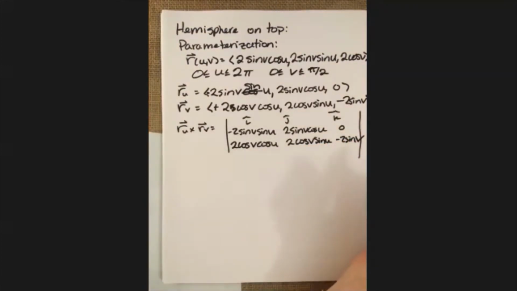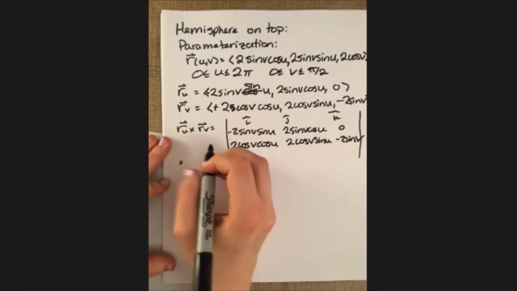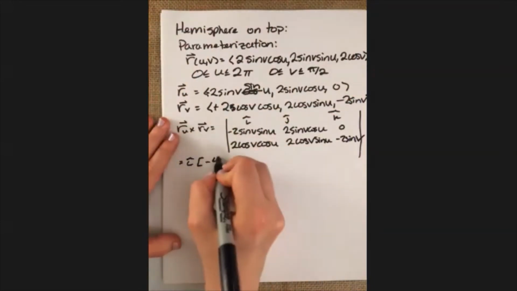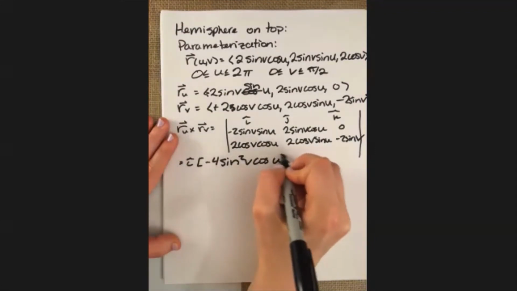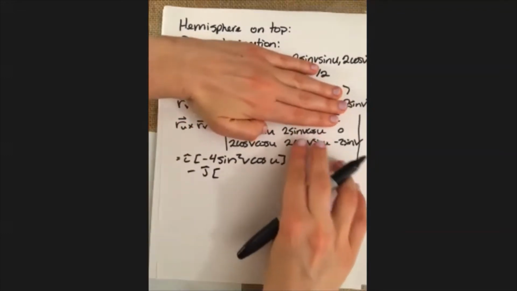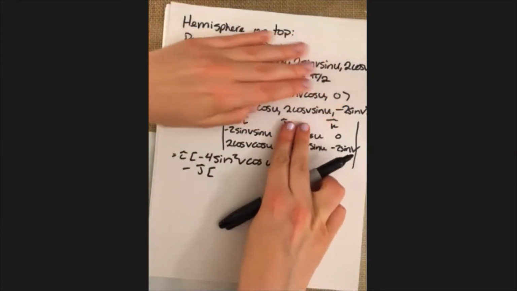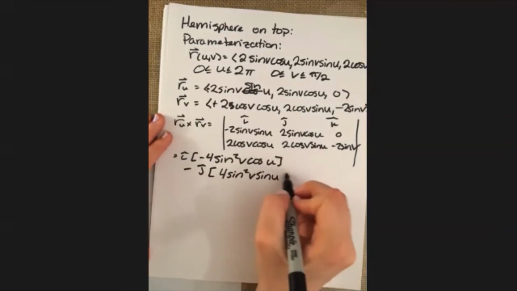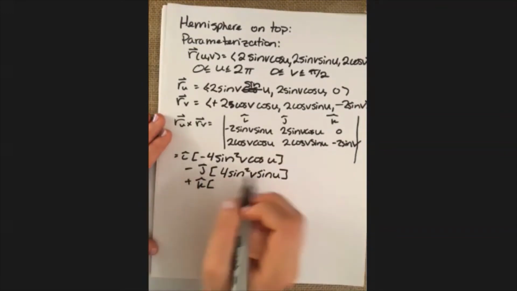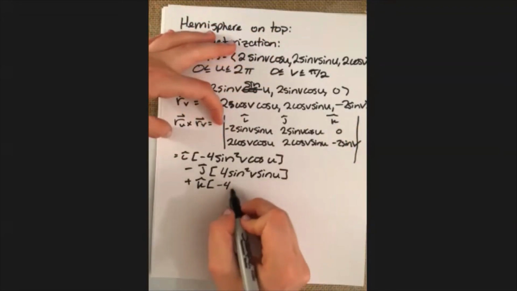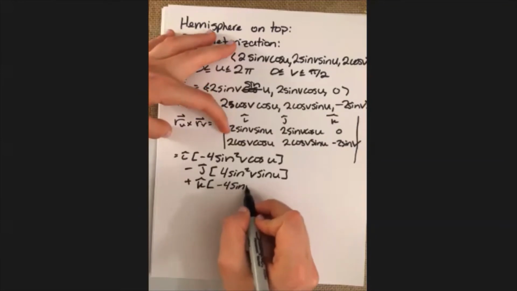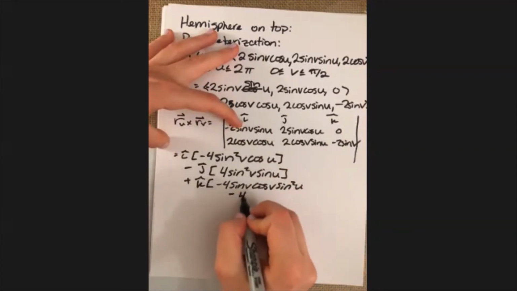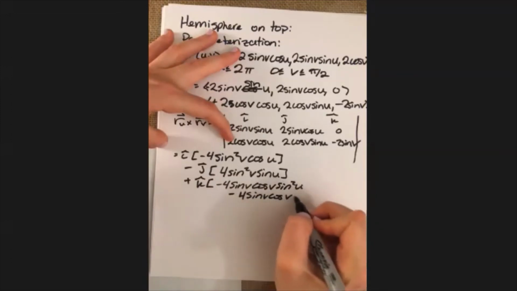Now taking this cross product here, what we wind up with is i hat times negative 4 sine squared v cosine of u, minus j hat times 4 sine squared v sine of u, and then plus k hat times negative 4 sine v cosine v sine squared u minus 4 sine v cosine v cosine squared u.